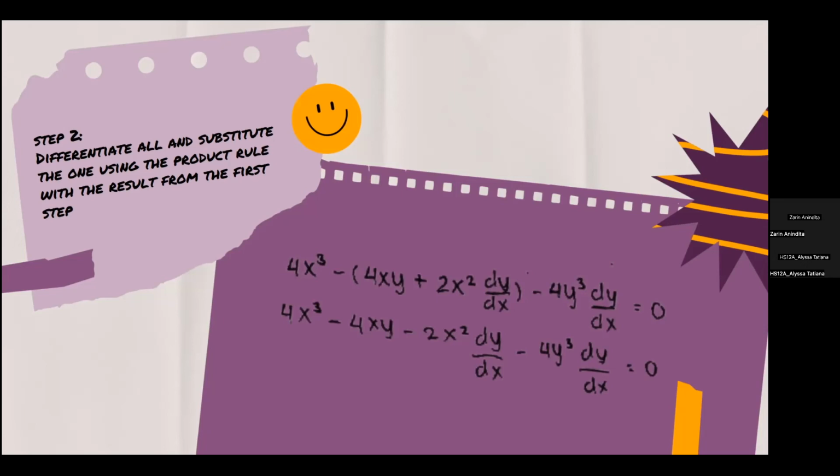And the equation is equals to 0 because 72 does not have a variable. Hence, it is differentiated into 0. So we'll get 4x cubed minus bracket 4xy plus 2x squared dy over dx close bracket minus 4y cubed dy over dx equals to 0. We need to multiply the minus into the bracket. So the result will be minus 4xy minus 2x squared dy over dx.